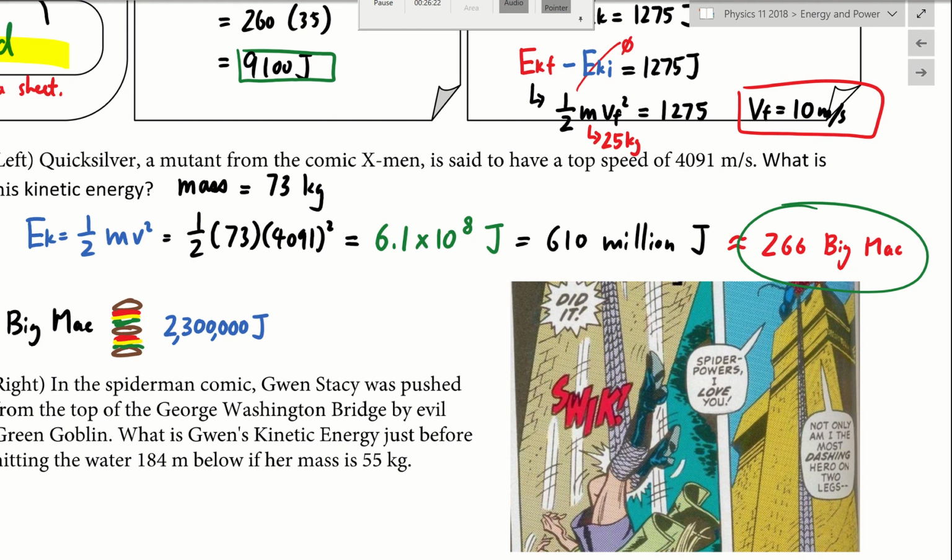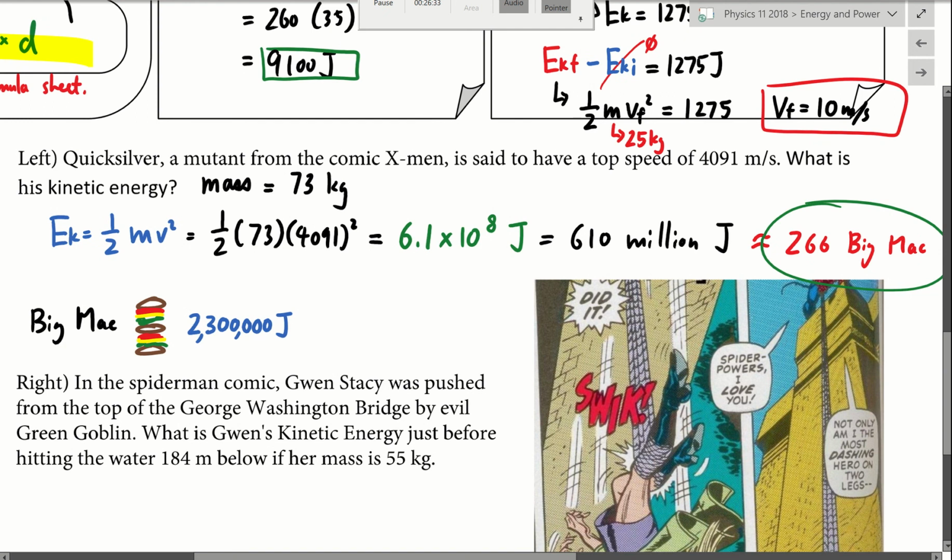at the end. And yeah, that's why sometimes comic hero physics or movie physics are a little bit, once you actually sit down and do the calculation, then you realize how ridiculous some of these things are, right? Because every time that he uses his power, he has to eat like 200-ish Big Macs.